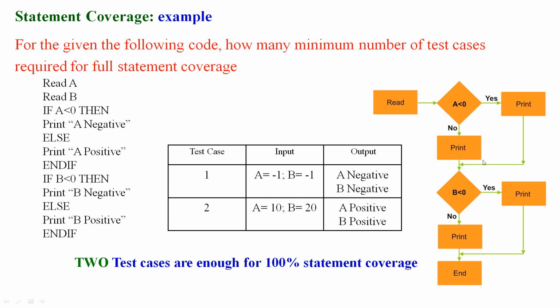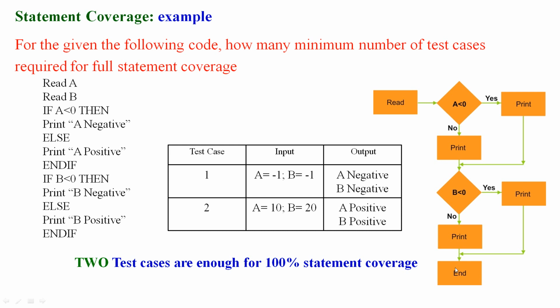Now compare, A is less than 0, that is, 10 is less than 0? No, false. So directly it will come to the else statement and print A is positive. And here also the comparison will happen. B is less than 0, that is, 20 is less than 0? No. So then this statement will get executed and end.